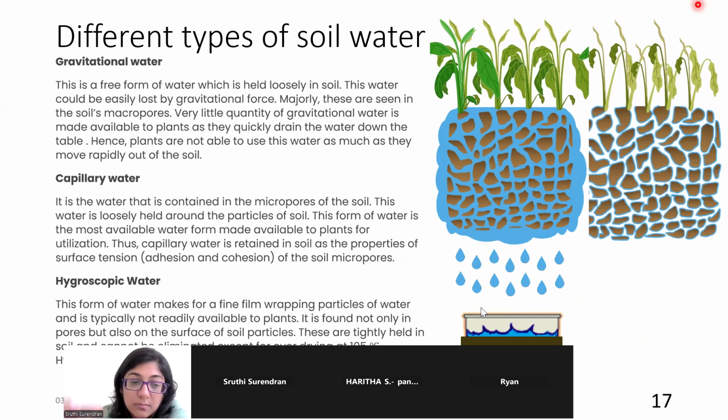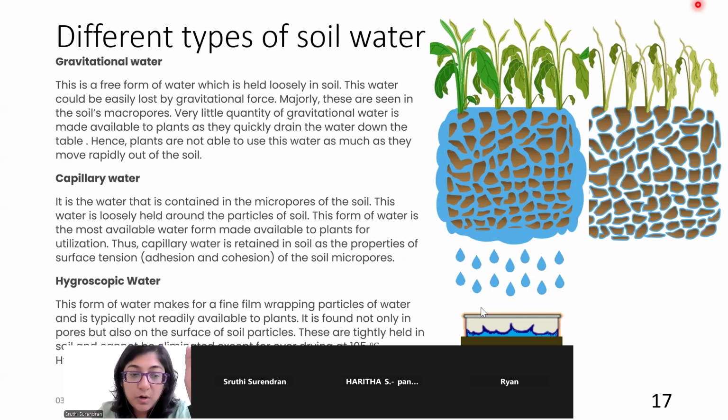When you dip a tube inside a beaker of water, some water rises inside the tube as a result of the adhesive forces of the glass to the water. So by this action also, water will be available to the plants in the soil, and also the intermolecular forces of soil will hold some water in the pores of the soil. So that water is called the capillary water.